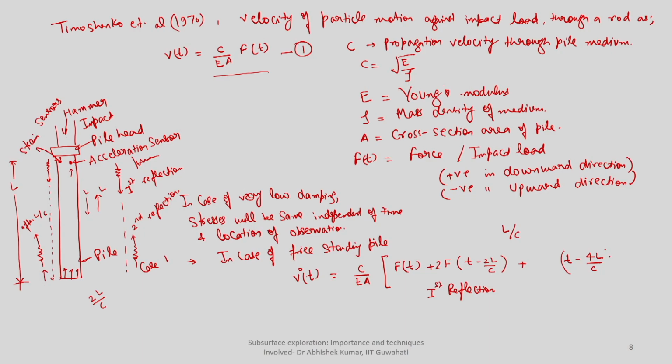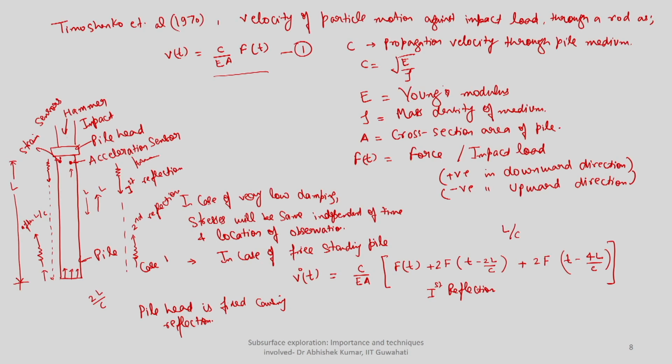So, it is 2 plus 2, 4L by C, and again it will be twice F. So, one is coming directly from the bottom, and the second is reflected from the top surface, because the top surface is fixed. So, you can call it the pile head is fixed, causing reflection. So, that is reflection from this.